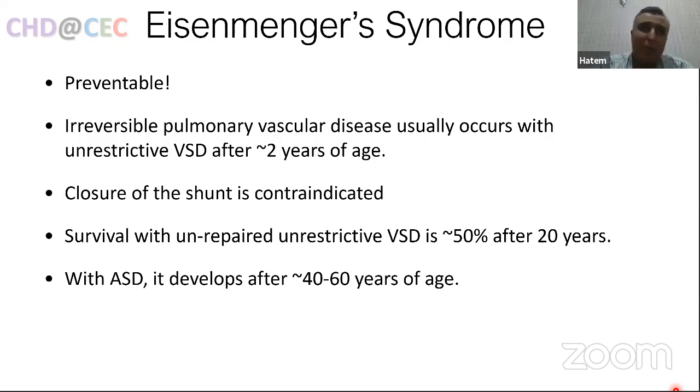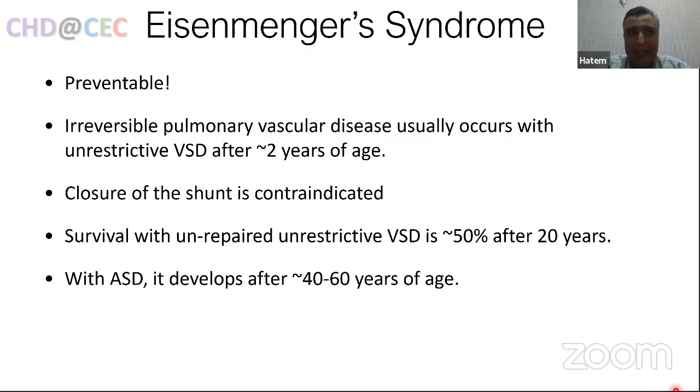On the other hand, if a patient has an ASD and he is 2 years of age, he should not be Eisenmenger syndrome. So you first think, what is the disease? Is it an unrestrictive VSD, or a small ASD? What is the age of the patient? Is he at 2-3 months of age, or is he at 20 years of age? So, age of the patient, type of the disease, history.